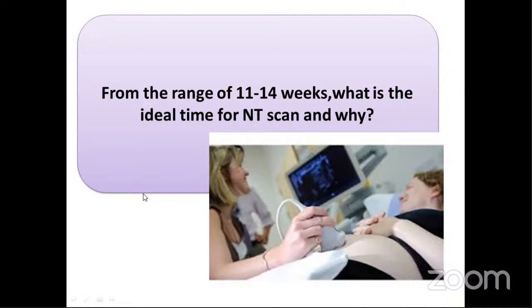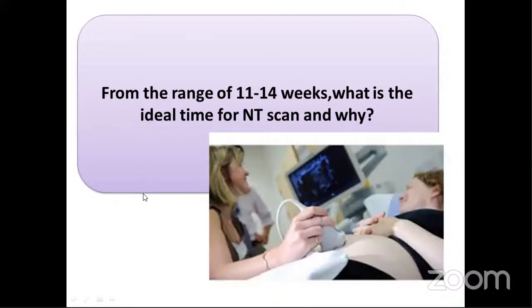So, a compromise between these two, optimally try to do the NT scans at 12 and 12 and a half weeks, which corresponds roughly to 60 to 65 millimeters of crown rump length, which is a good time to look at the nuchal translucency, the nasal bone, ductus, tricuspid, as well as the structures of the fetus. So this time would be good.